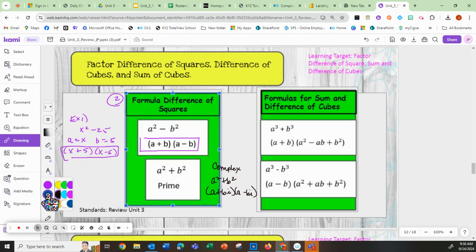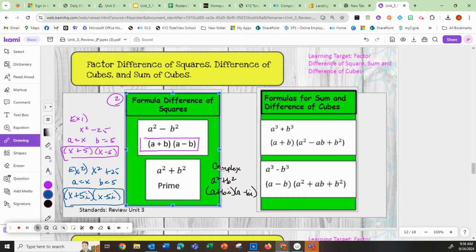So for example, if I had, we'll just do x squared plus 25, a would still be x because that's the square root of x squared. B would still be 5 because that's the square root of 25. But if it's a plus and they say you can use complex factors, then the factors are going to be x plus 5i times x minus 5i.